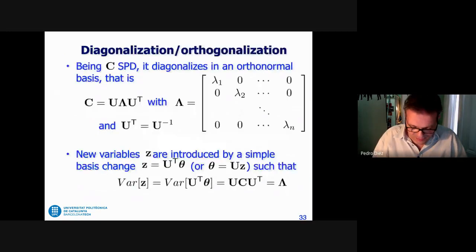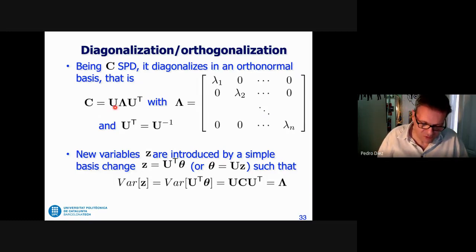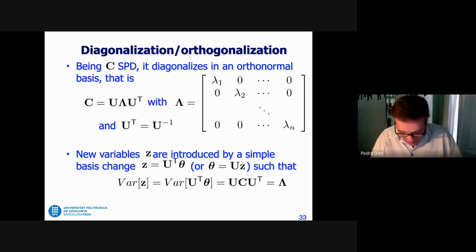Matrix C is a symmetric and positive definite matrix, so you can just diagonalize it, and we are going to use the usual notation: U as the matrix that changes the bases, and lambda, the diagonal matrix containing the eigenvalues. U, since C is symmetric, can be thought of as a unitary matrix such that its transpose is equal to its inverse.